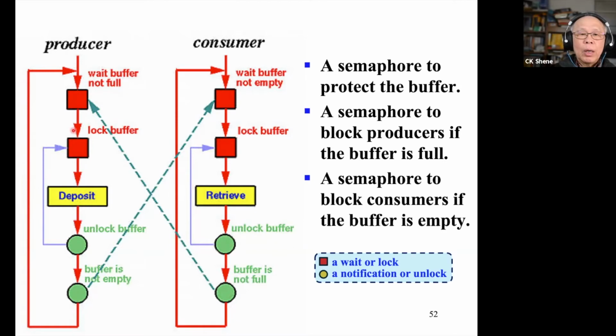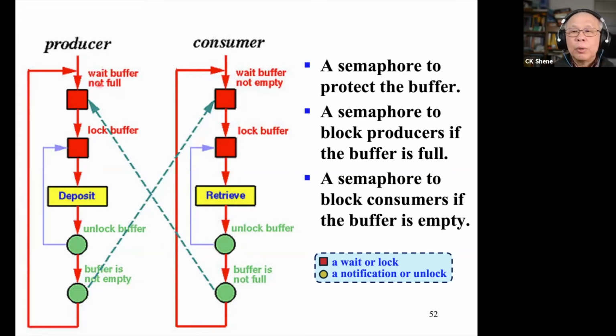The first one is for protection purpose to establish mutual exclusion. We need one more semaphore to indicate the buffer is full or not. If the buffer is not full, we allow a producer to go. If the buffer is full, a producer must be blocked.